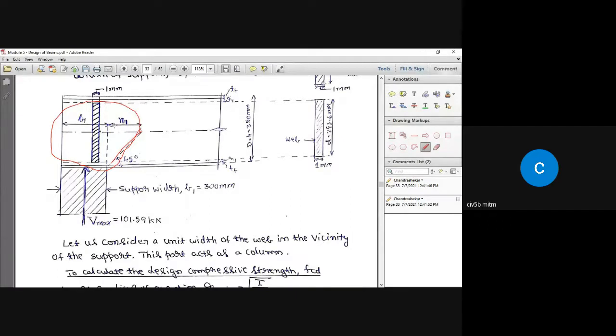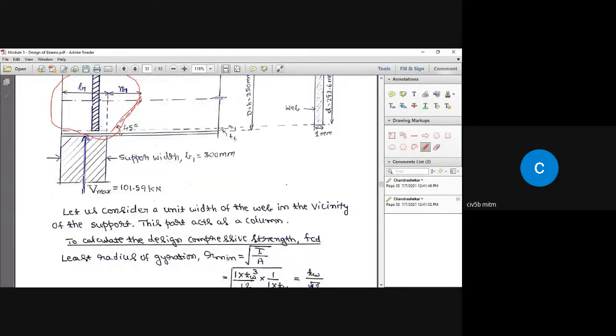Okay, so we are going to find out the design capacity of the web portion of width B1 plus N1 and thickness tw. Once you calculate the design capacity, we compare that value with Vmax, and the design capacity of the web portion should always be greater than the Vmax value. Then only we can say the web is adequate or safe against web crippling failure.